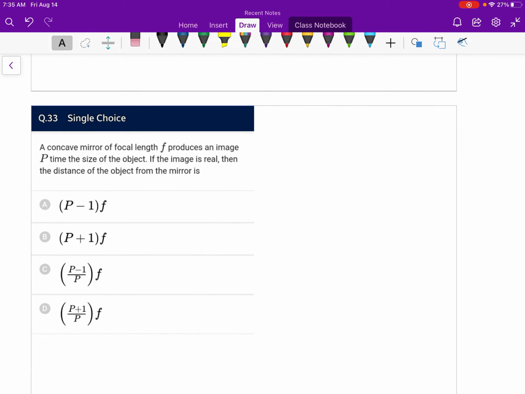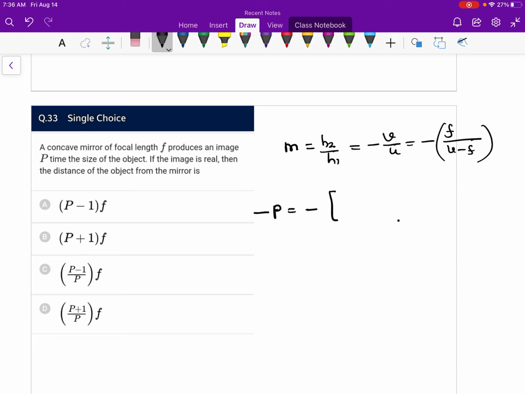A concave mirror of focal length F produces an image P times the size of the object. So M is H2 by H1, which is equal to minus V by U, which is equal to minus F upon U minus F. This is the expression. So M is minus P, because it is a real image and the focal length is negative.